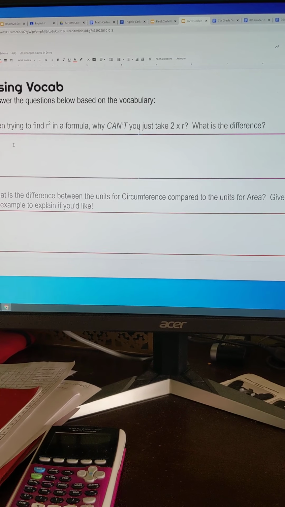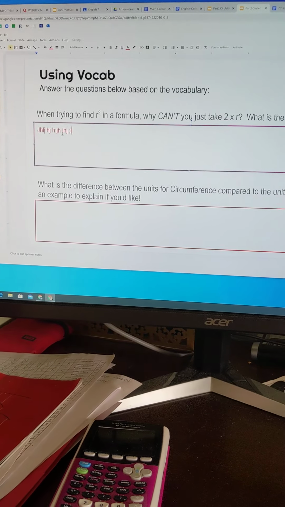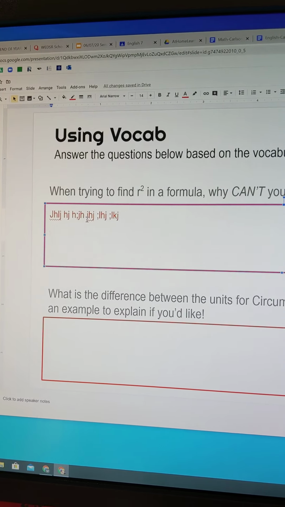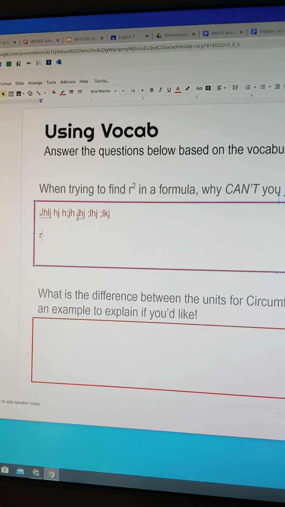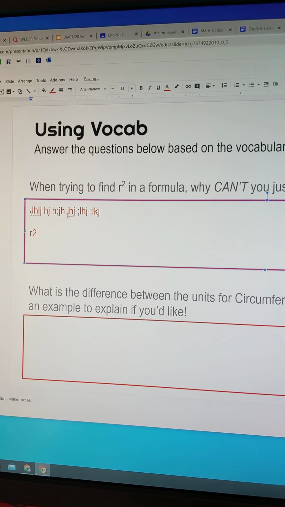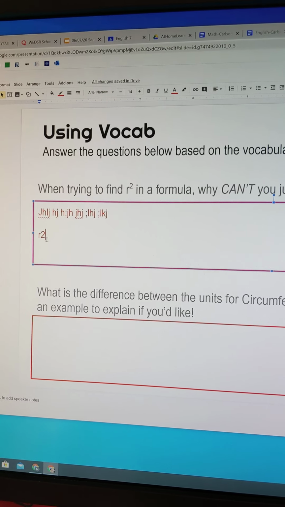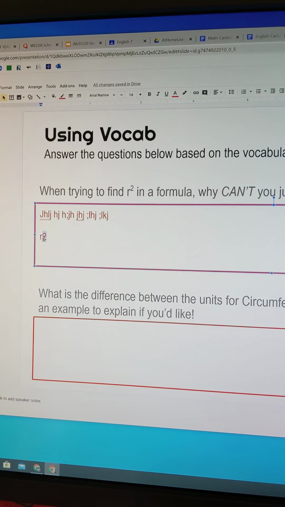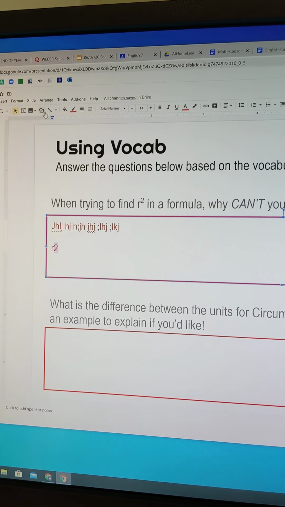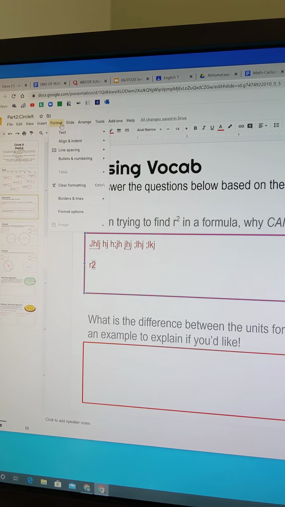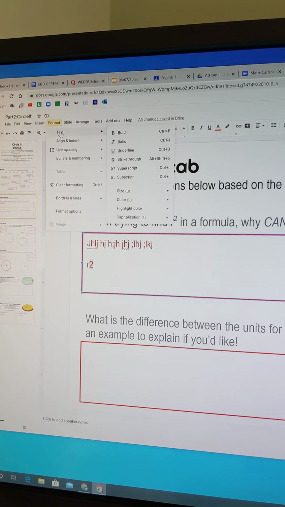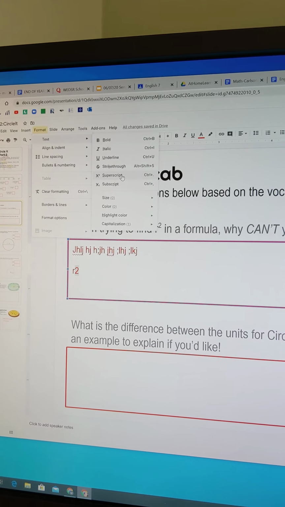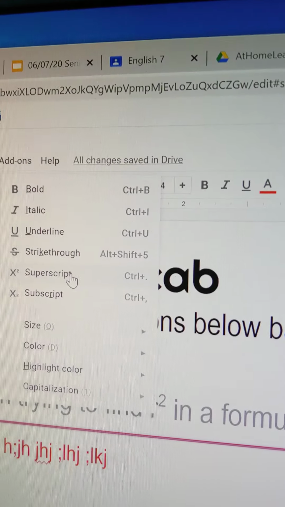If you are typing in here and you want to also type r squared, you can type in an r, and then if you type in a 2, it doesn't look like it's squared. It doesn't look like an exponent. It's totally up to you, but if you want to know how I do that, I highlight it. I go up into format, then text, and here are different places you can do all kinds of interesting things, but this is called a superscript, and it even has a little shortcut.